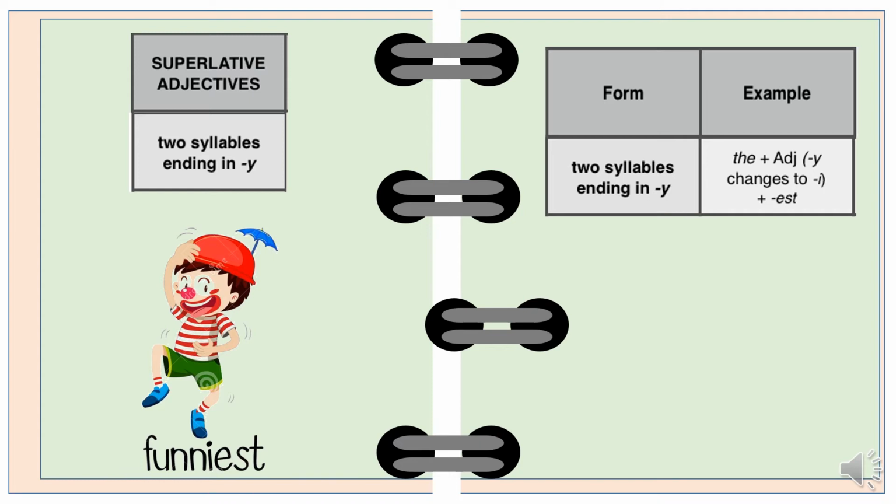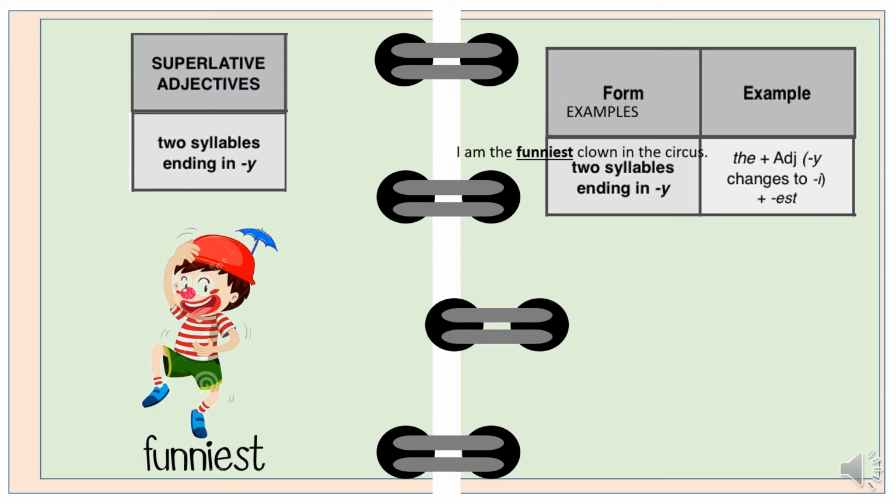How are we going to make it a superlative adjective? Happiest. Yes, very good. Now look at the form over here. Two syllables ending in y. Remember, we have to remove the y. Then we add the plus the adjective. We change the y to i and add est.